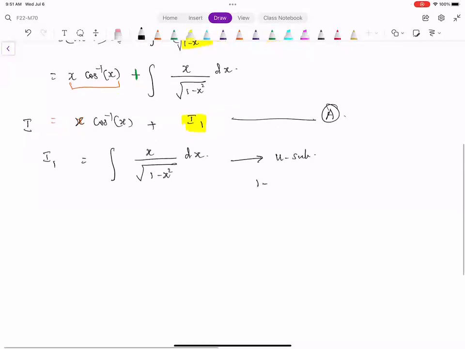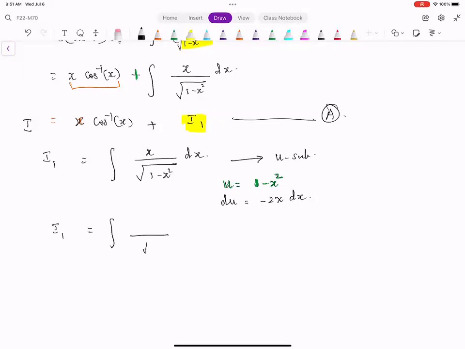Usually if you have a radical in the denominator, the expression inside the radical is the best choice for u. You will take u equal to 1 minus x square. What is the next step? You have to find the differential du, which is negative 2x dx, correct? So I'm going to write this I1 entirely in terms of u.